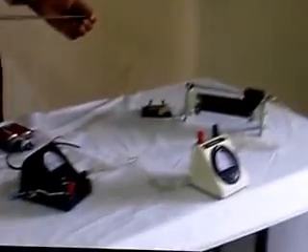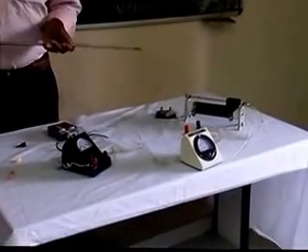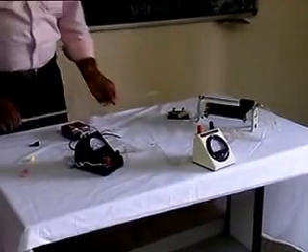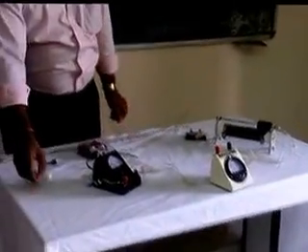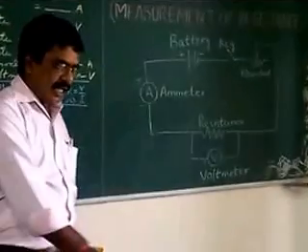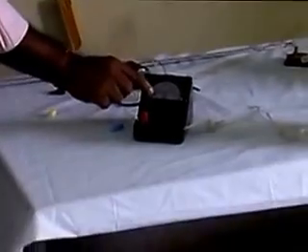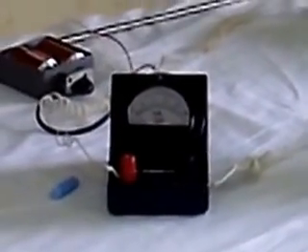Yesterday I told you about the least count and the range. We are going to write those values now in the table. First, we will take up the ammeter. Let us see this ammeter. It starts from 0 and goes up to 100, and that too a milliammeter. It is not an ammeter, it is a milliammeter.